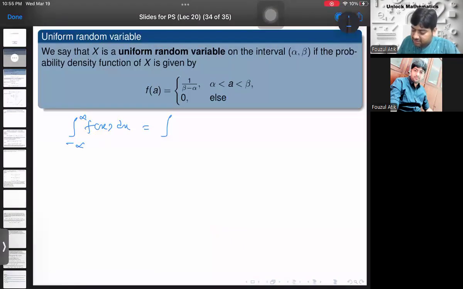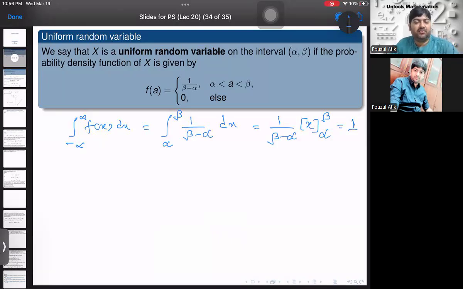The integral runs from alpha to beta, and f(x) is 1 by beta minus alpha, a constant, times dx. Doing the integration, it is x from alpha to beta, so beta minus alpha divided by beta minus alpha, therefore this value is 1. So we have easily verified that it is a probability density function.